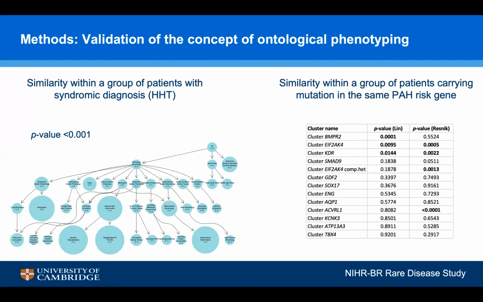We found a couple of clusters driven by or described by BMPR2, EIF2AK4, and KDR and ALK1 status, which were similar. The other clusters were not characterized by high similarity.